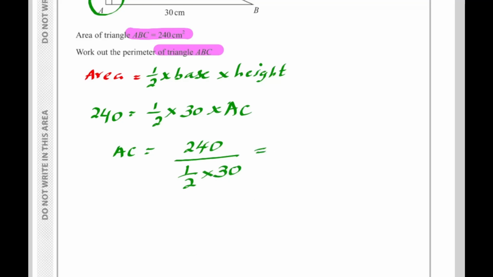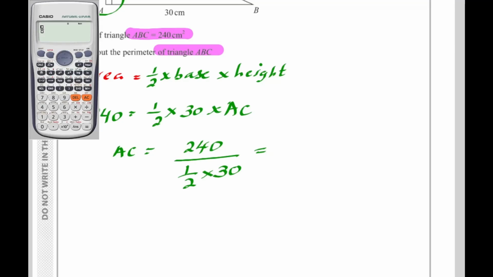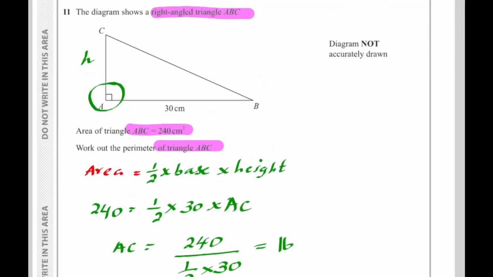Here I'm using it: 240 over half into 30 equals 16. So this side is 16. Let's write it, I got this one as 16.